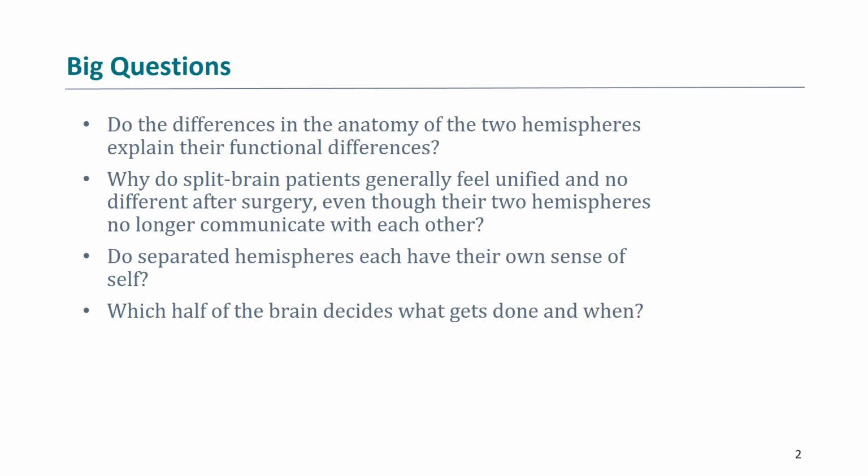Why do split brain patients generally feel unified and no different after surgery, even though their two hemispheres no longer communicate with each other? Do separated hemispheres each have their own sense of self? Which half of the brain decides what gets done and when?